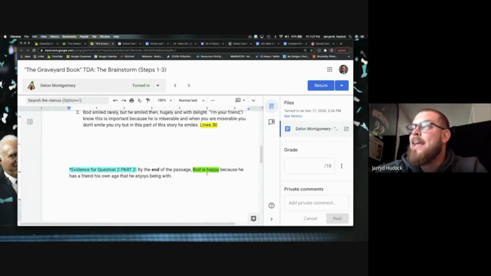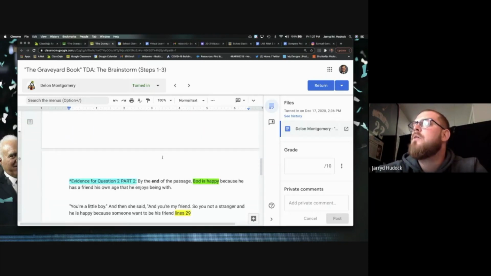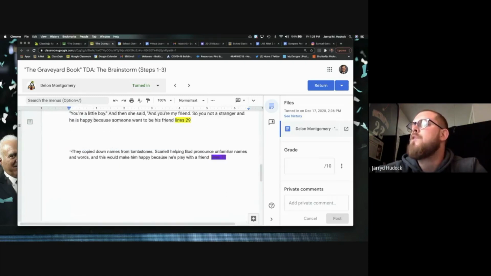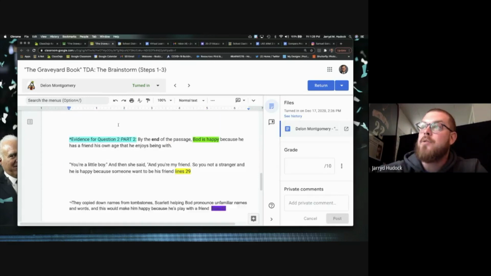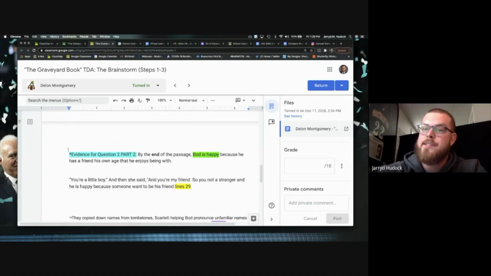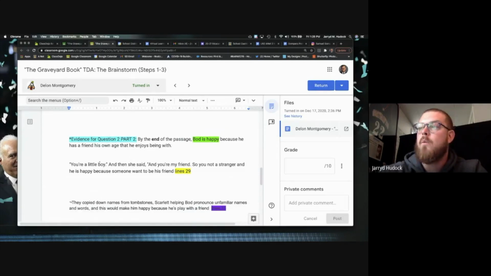Once they give me the evidence for each question, they'll tell me why they selected that evidence before they start writing. They'll pull the evidence out of the text that goes along with each of the questions, and I have the question prompts posted there for them. They'll post it, and then explain why they're including that evidence in their piece.